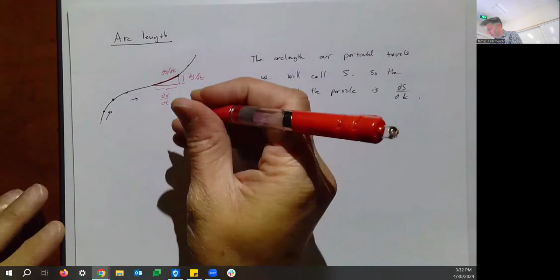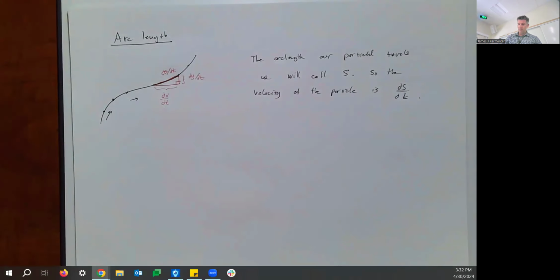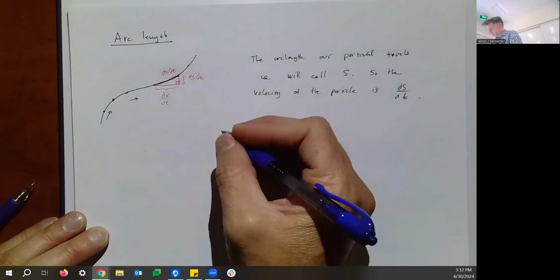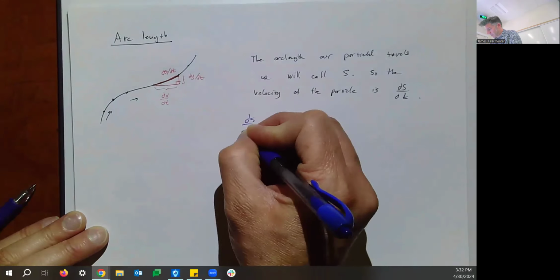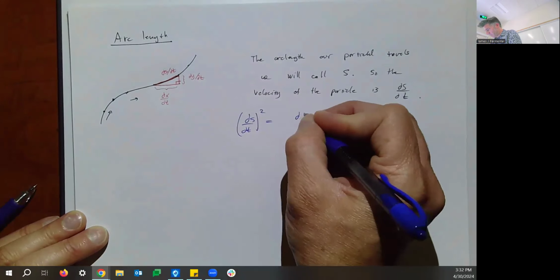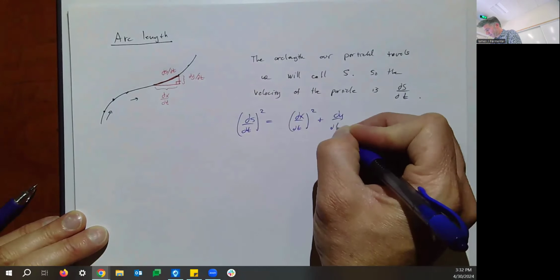But that looks like a right triangle to me. And we can use the Pythagorean theorem to say that ds/dt squared is equal to dx/dt squared plus dy/dt squared.